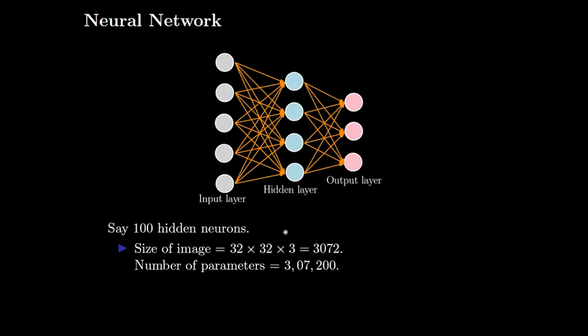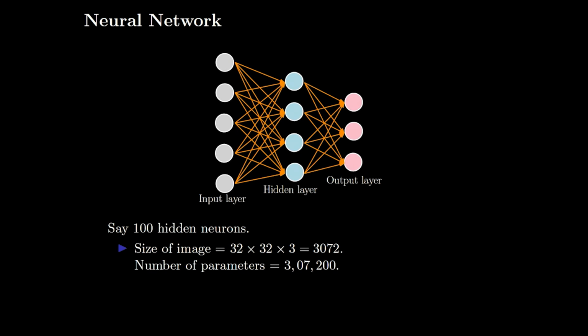Now, let us consider the network with just 100 hidden neurons. We have seen that the size of the image is 32 cross 32 cross 3, that is 3072. Therefore, the number of parameters just between the input layer and hidden layer would be 307,200. This is a huge number, whereas the number of training samples that we have is just 50,000.